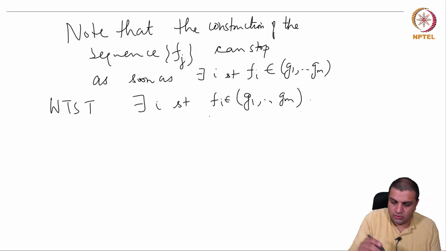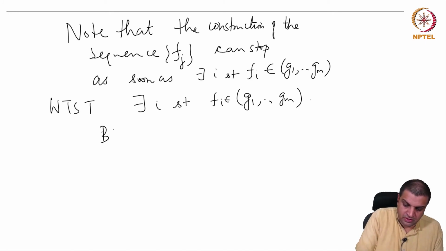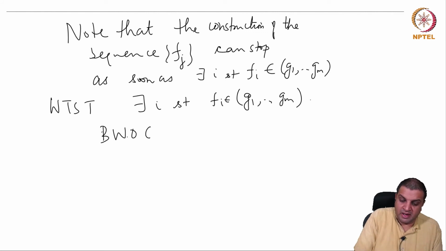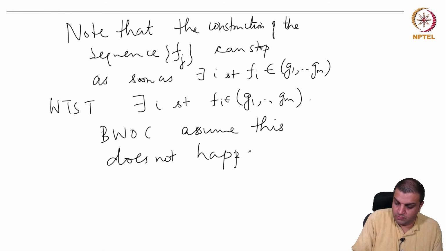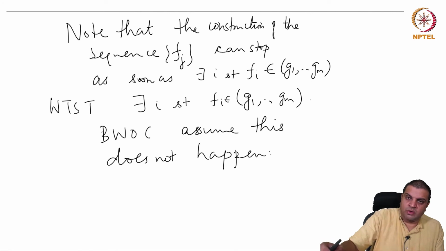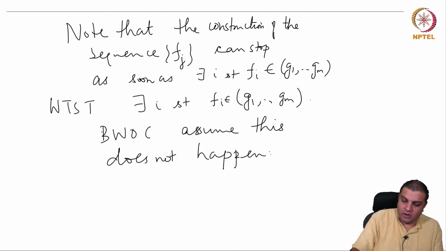By way of contradiction, assume this does not happen. This is the assumption that each time one constructs this thing, one gets a polynomial which is not in the ideal generated by the G's.